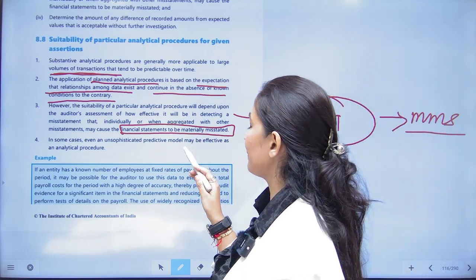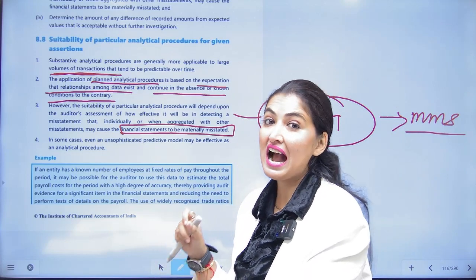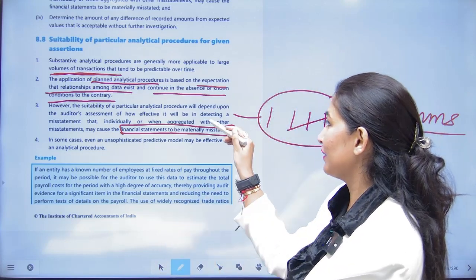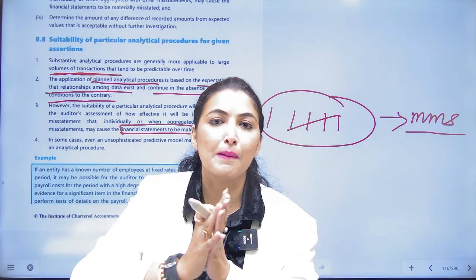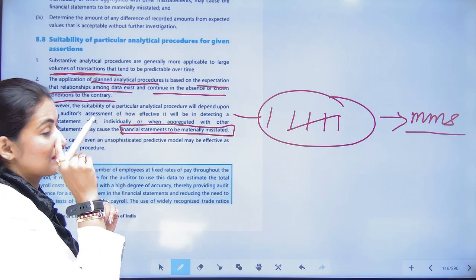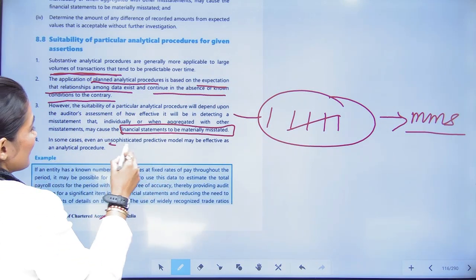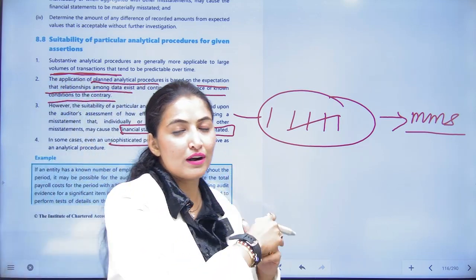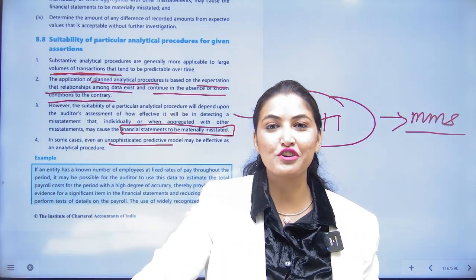However, suitability of particular analytical procedure depends upon auditor's assessment of how effective it will be in detecting misstatement that individually or in aggregate combined to form a material misstatement. How much it is materially misstated, what your financial information. So in some cases, unsophisticated predictive model is also used. So what it is here, it is suitability of your analytical procedure.